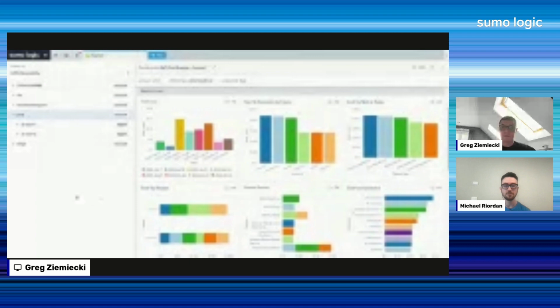So basically, what you have is a user interface, and you already see there is a set of dashboards, a couple of panels on it.